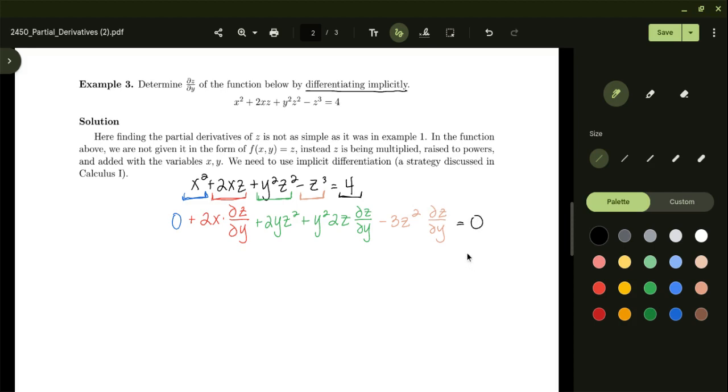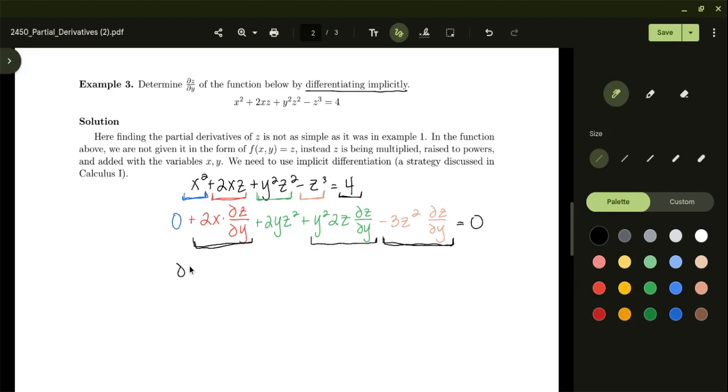All right, so now the next step in our implicit differentiation is we need to combine all the terms that have this partial of z with respect to y in it. And so I'm going to underline those right now. So we're going to combine those together. So I can factor out this partial derivative of z with respect to y.